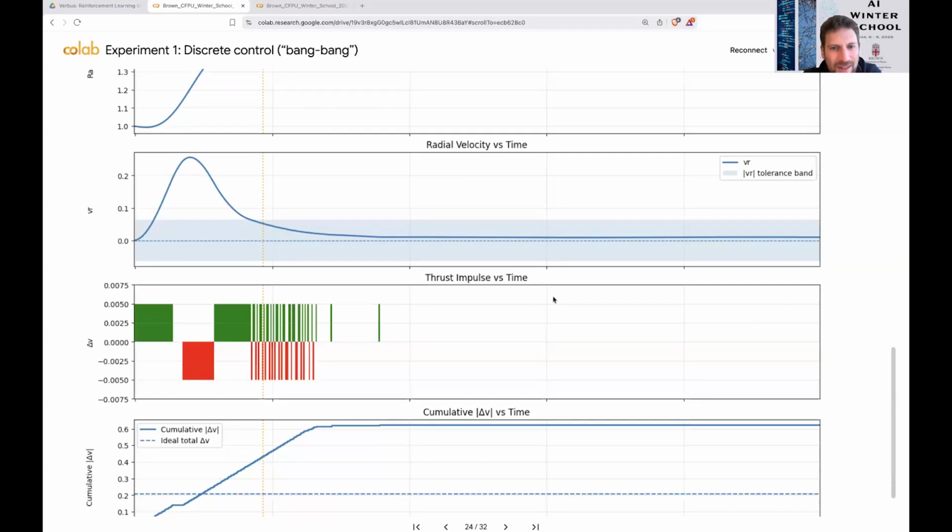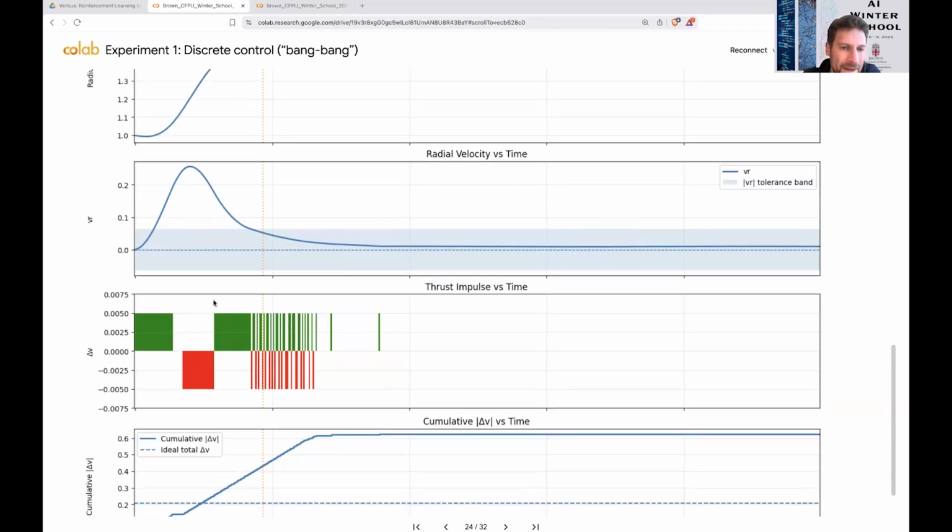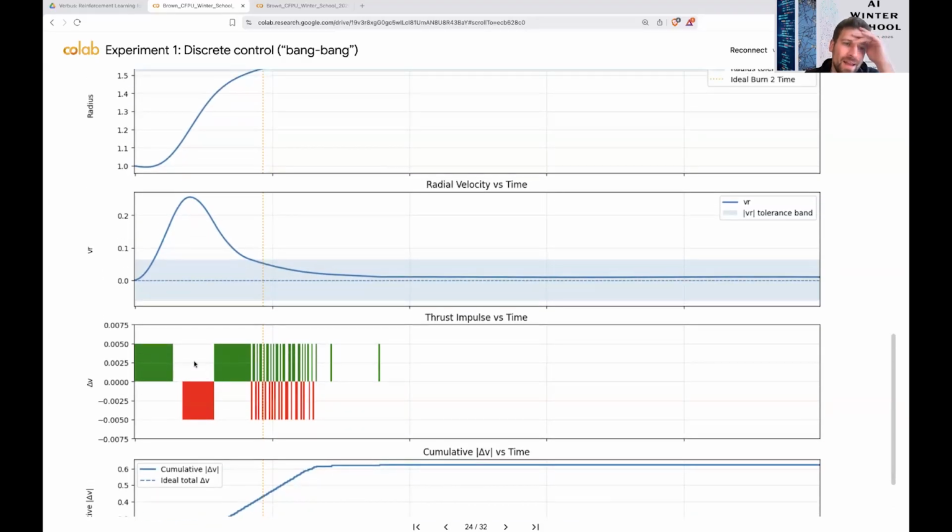I think the most interesting plots here are the delta V and the cumulative delta V. You can see the maximum delta V in either direction was 0.005. And if you recall from the Hohmann analytic solution, it was like 0.1 that we really need to do. So it's no surprise we had to do a lot of these small burns to get to the right thing.